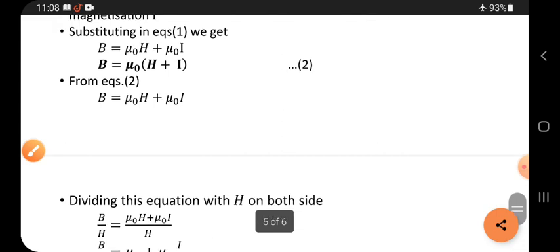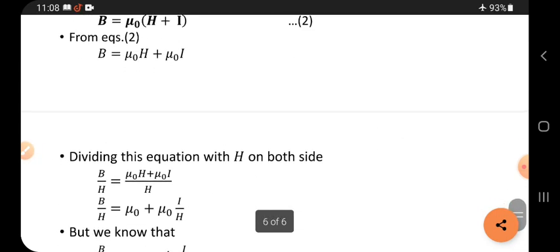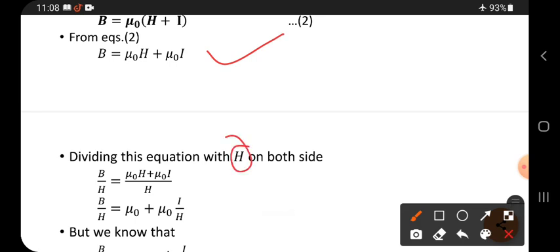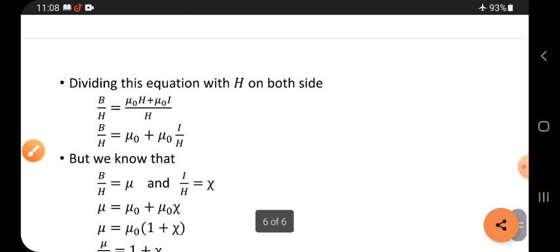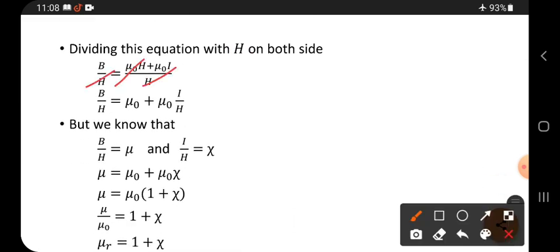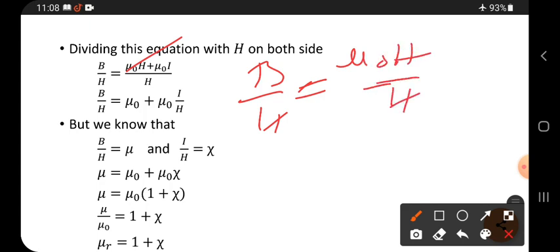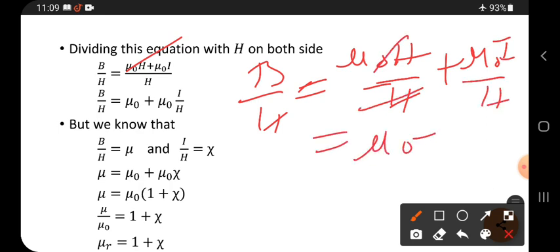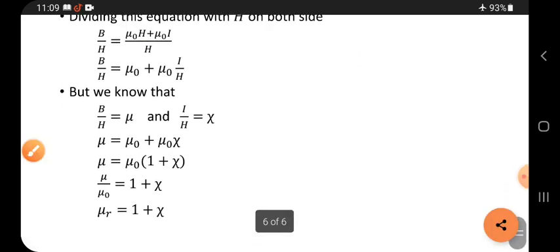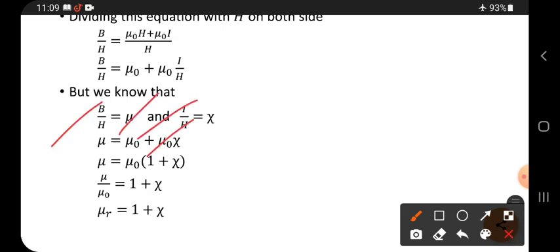From this equation, divide by H. So B by H is equal to mu naught H by H plus mu naught I by H. Here H cancels, and we get mu naught plus mu naught into I by H. We already know from the definitions that B by H is mu and I by H is chi.